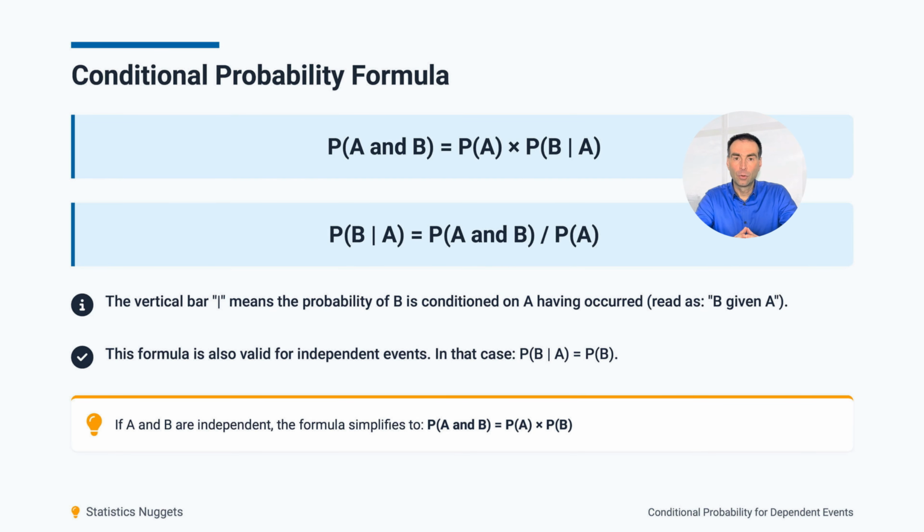Now let's look at the key formula. If we want to know the probability that both event A and event B happen, we multiply two things: the probability of A and the probability of B given that A has occurred.